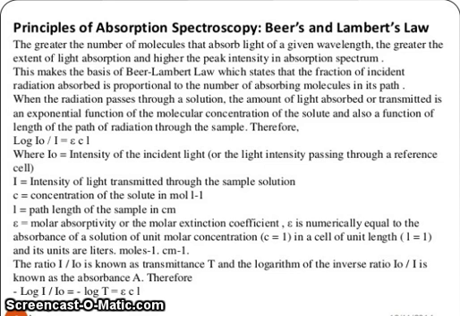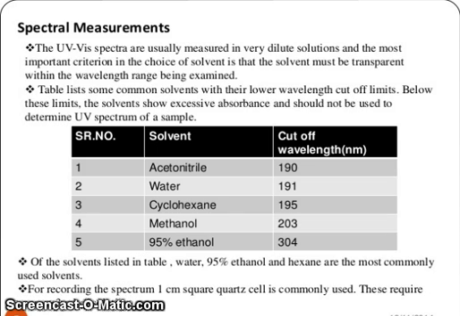The ratio I by I naught is known as transmittance T, and the logarithm of the inverse ratio I naught by I is known as the absorbance A. Therefore, log I by I naught is equal to minus log T, and log I naught by I is equal to A, which equals epsilon C l.